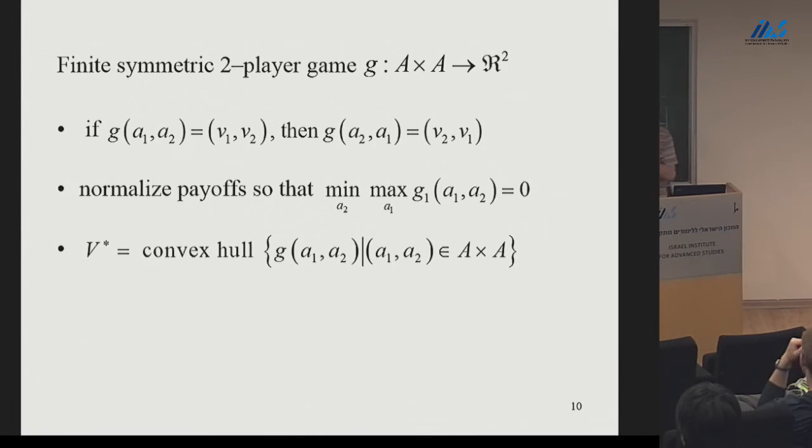So I talked about this in the first lecture, but we can look at the set of feasible payoffs in the repeated game, where we look at the convex hull of the payoffs that are individually rational.